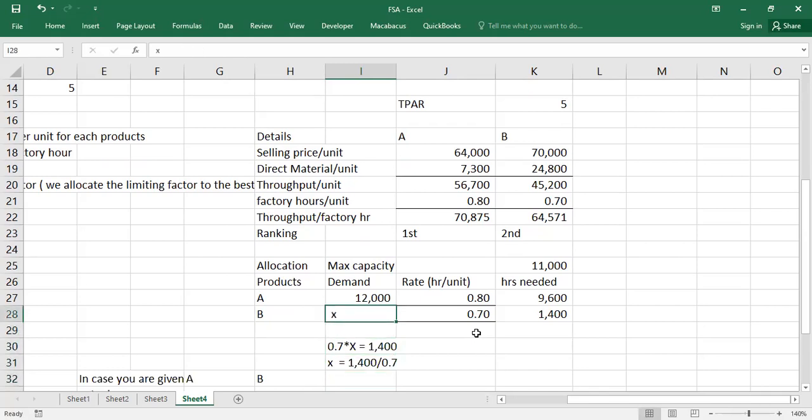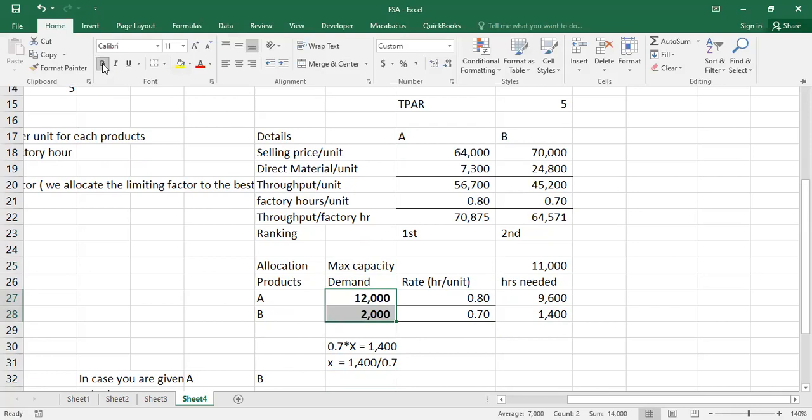That's how I end up having this as this divided by that. Okay, so our optimal mix therefore that we can afford with these 11,000 hours is only these 12,000 units of A and 2,000 units of B. That is your mix, optimal mix that you can maximize.